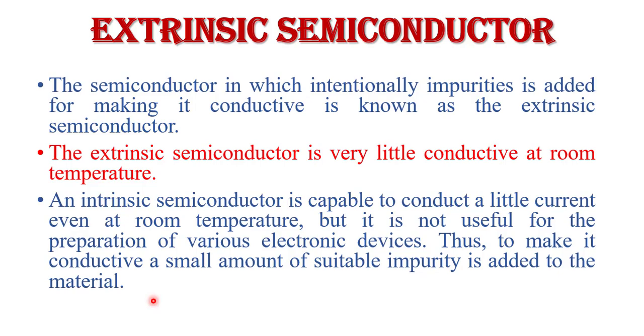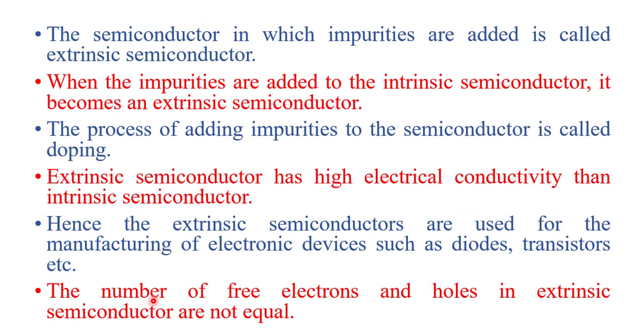The semiconductor in which impurity is added is called extrinsic semiconductor. When the impurity is added to the intrinsic semiconductor, it becomes extrinsic semiconductor. Clear? The process of adding impurity to the semiconductor is called doping.